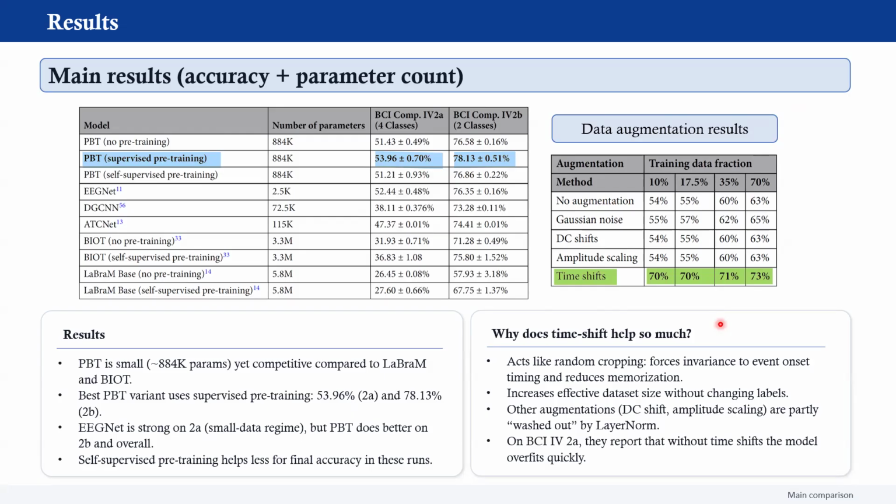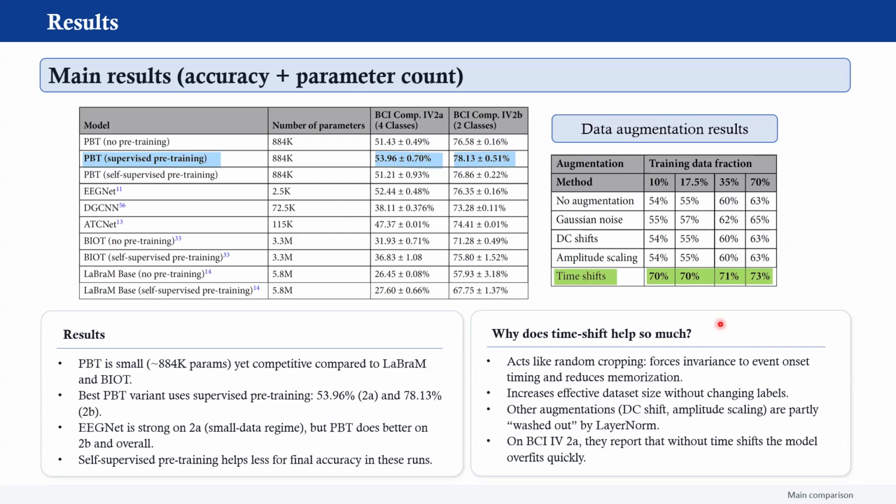For motor imagery tasks in your EEG data, you generally have events, like when the participant moved their left hand or their right hand. So you'll have an event marker for that. When you patch EEG data for these tasks, you tend to patch before or after that event marker. So it's very often the case that the model learns to memorize the event onset.